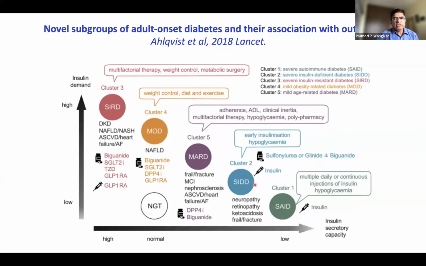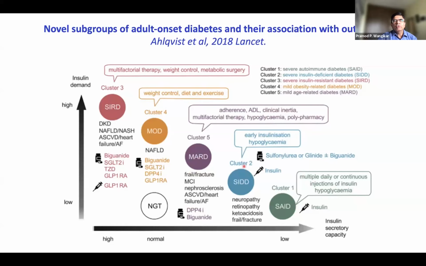There are variations. Some of the diabetes are more aggressive. They lead to complications much faster, within 5 to 10 years of diagnosis. Whereas some others are not so aggressive. The progression is slow. The complications are less likely. For example, the mild obesity-related diabetes and the mild age-related diabetes are somewhat less aggressive compared to the others.